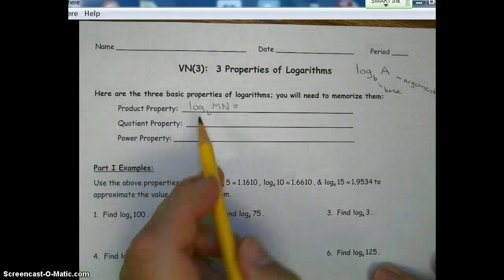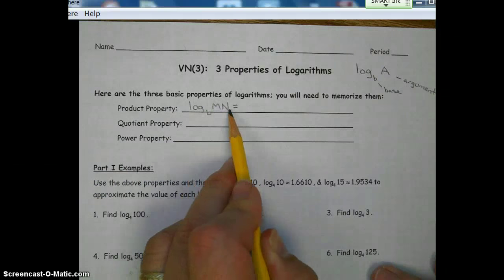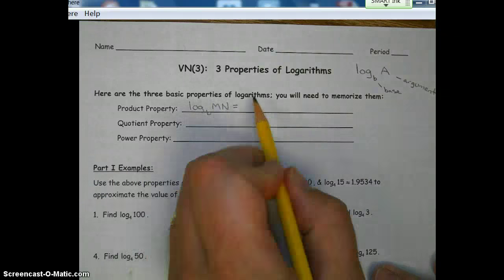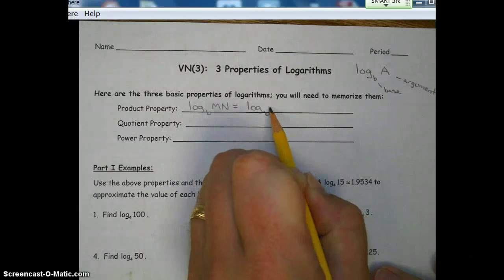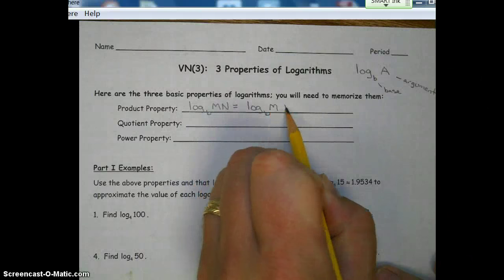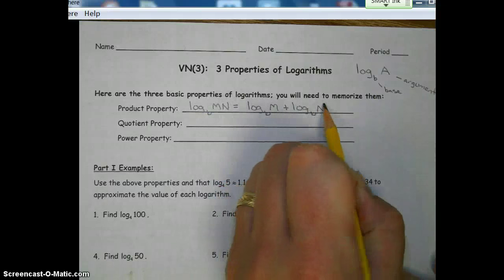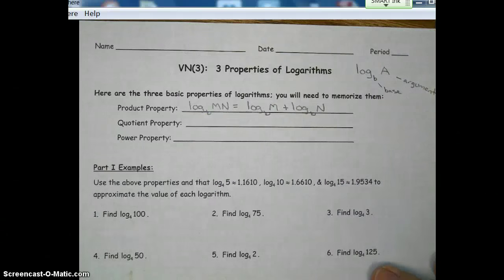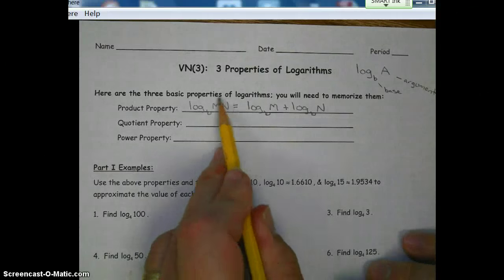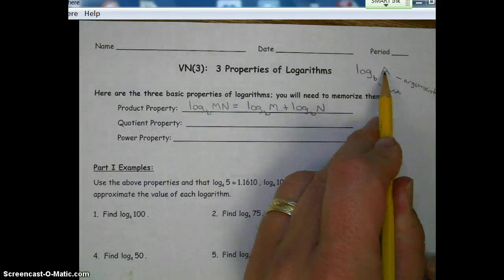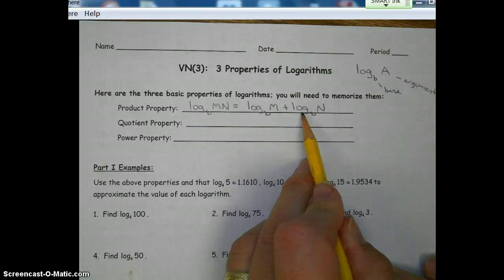So whatever number we have here, if we can break it down to two factors, then we can rewrite this as log base B of m plus log base B of n. So if you can take whatever argument is here and break it down to two factors, you can split it up into two logarithms.